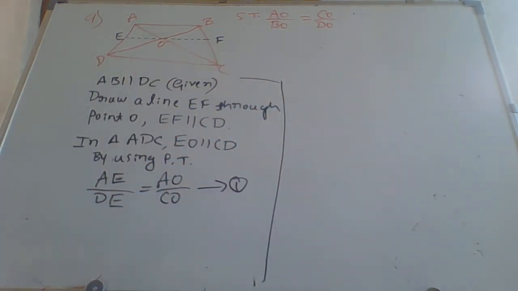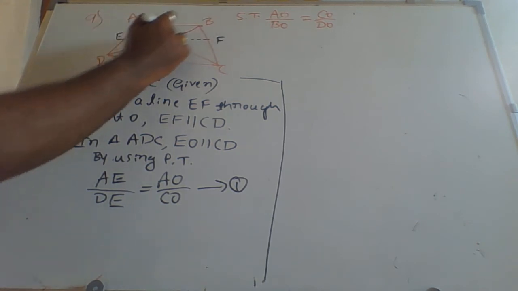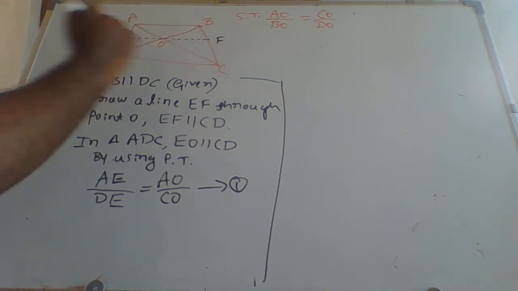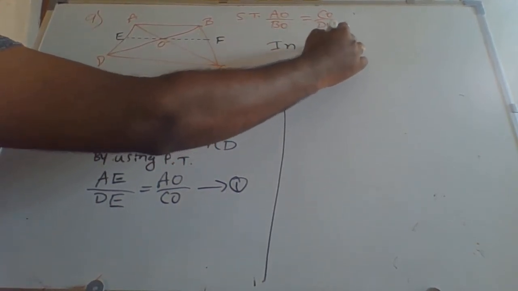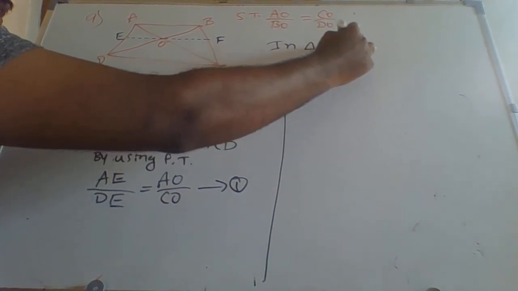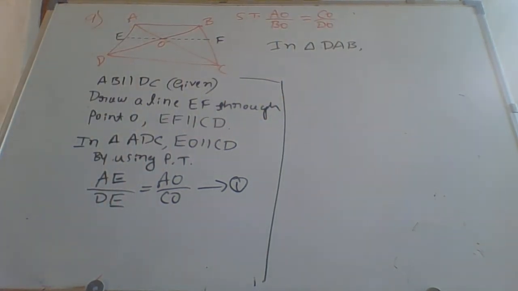Now again I will consider triangle DAB, this triangle DAB. In triangle DAB, what can we write here?